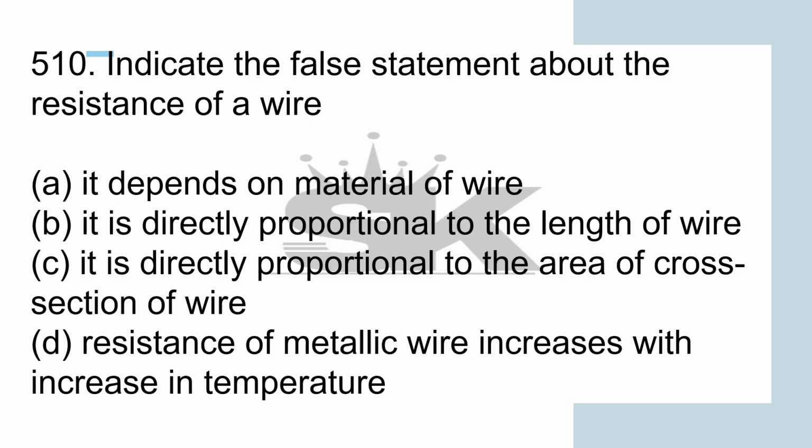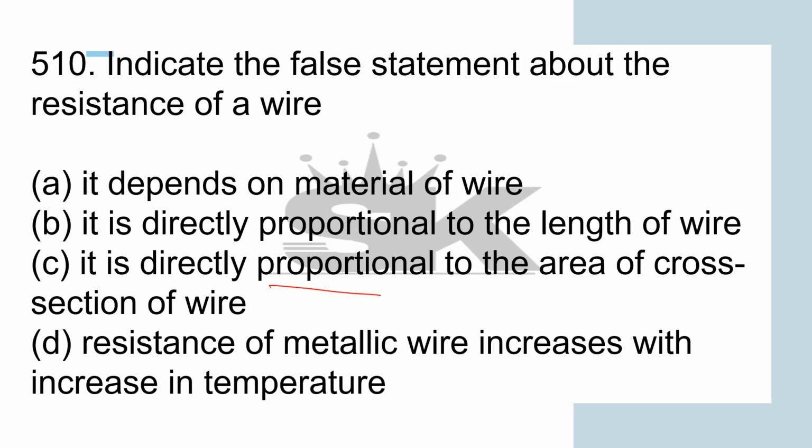Resistance of any conductor depends upon the length of the conductor, the area of cross section of the conductor, and the temperature at which you are using it. The cross-sectional area of the conductor is inversely proportional to the resistance. Here it is mentioned as directly proportional, but it is inversely proportional.